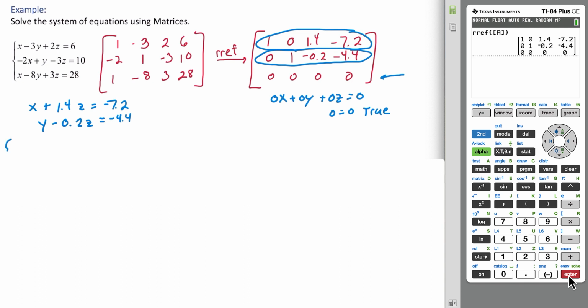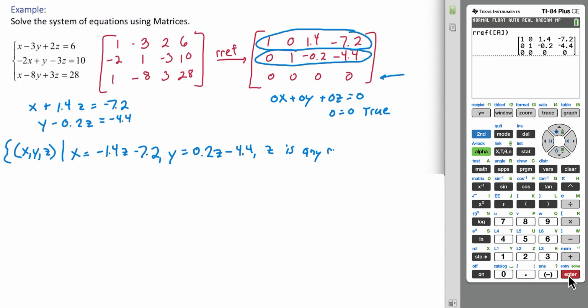So our final answer is going to be all x, y, z, such that x equals, solving that top equation for x, we get negative 1.4z minus 7.2, and then y equals, we'll solve the second equation for y, 0.2z minus 4.4, and then z can be any real number. This entire statement is our answer.